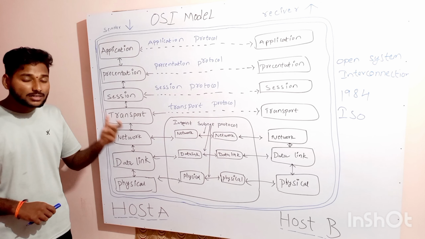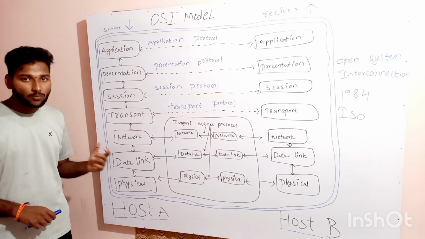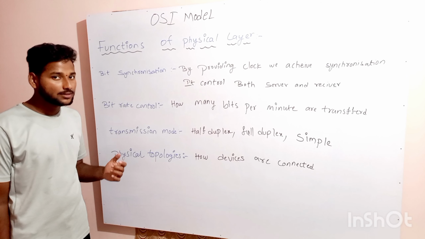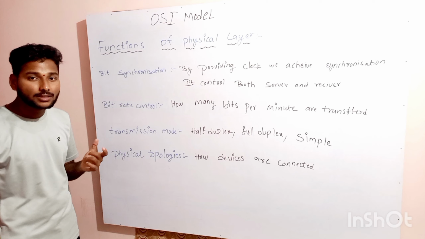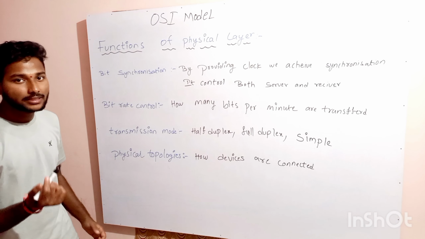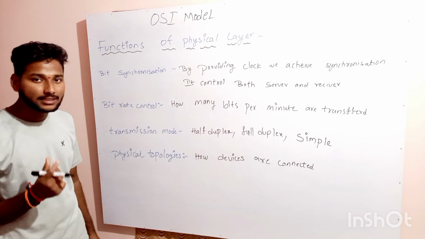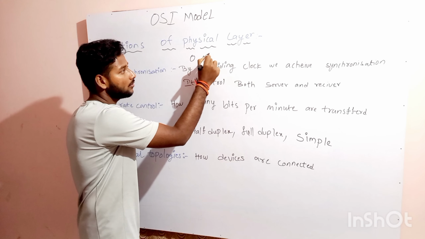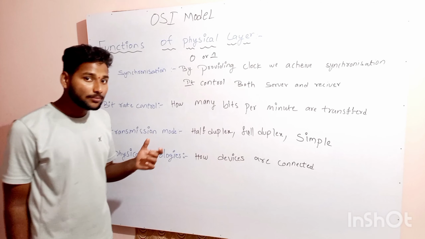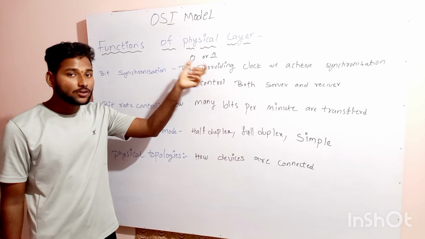Let us see the functionalities of each layer one by one. Let us see the functionalities of the physical layer. In the physical layer we transfer the raw data bits, a bit being a binary digit which is either 0 or 1. A computer only understands 0 or 1.